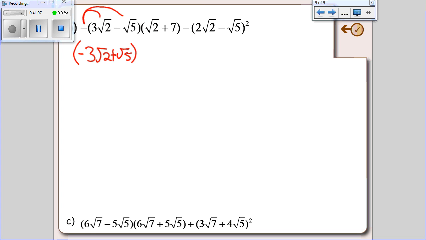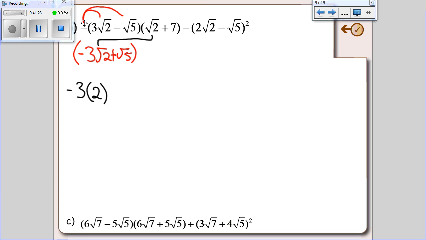Negative 3 times 2. That's our first term. Outside term: we have negative 3 root 2 times 7. That's going to be negative 21 root 2.